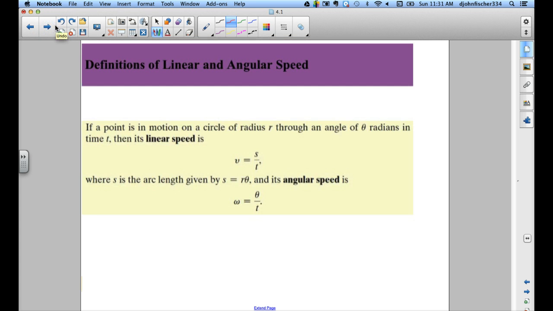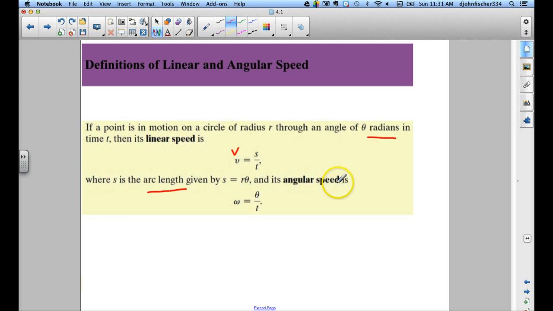Now, to the harder form that people have a tough time with. If a point is in motion on a circle of radius r through an angle theta radians, again, we're in radians, in time t, then its linear speed v is distance, arc length, divided by time, where s is the arc length, given by s equals r theta.